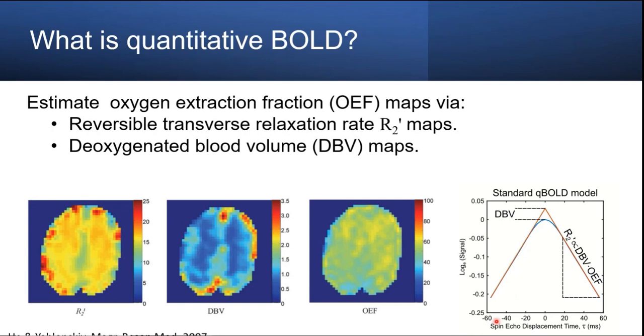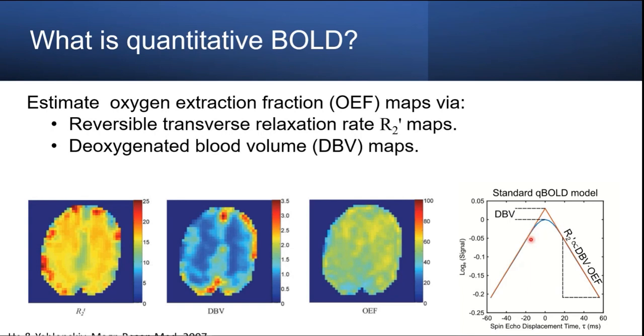The spin echo displacement time is basically the time delay between what would be a pure spin echo and introducing small amounts of R2 prime weighting. So for the very long tau values, spin echo displacement times, we expect mono-exponential decay. But for the very short ones that are close to the spin echo, it becomes quadratic.